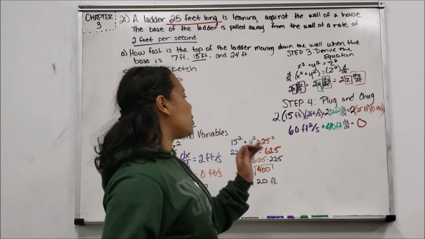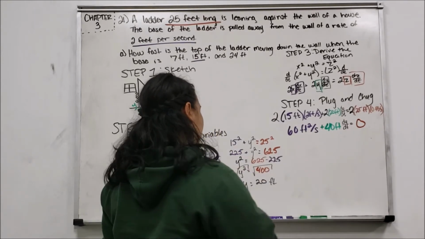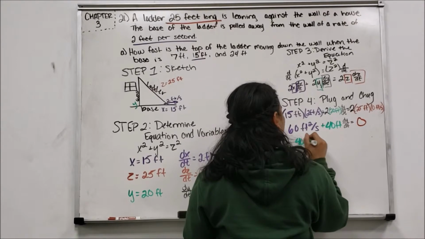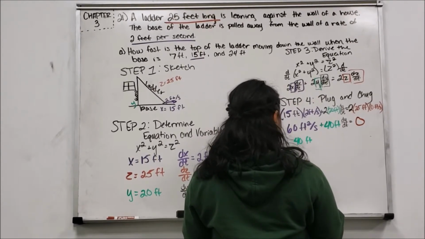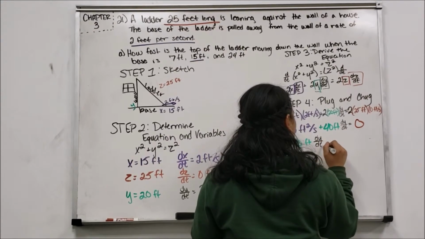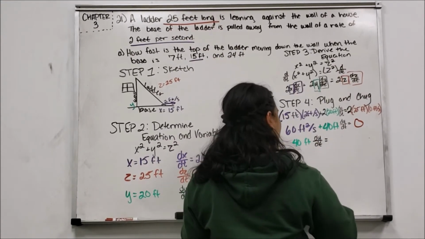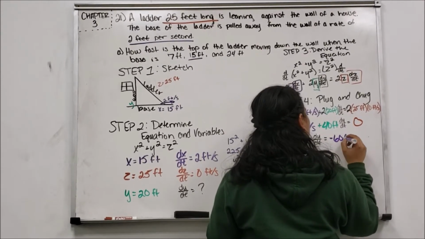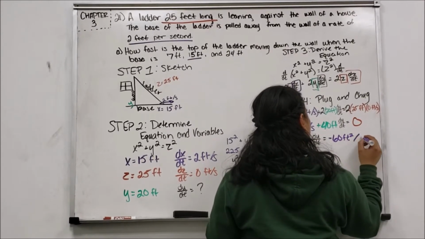And now I'm going to solve for dy dt. 40 feet times our dy dt equals negative 60 feet squared per second.